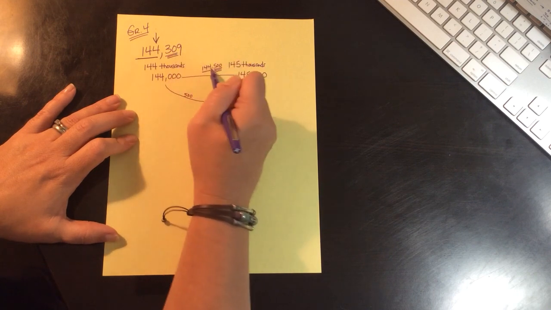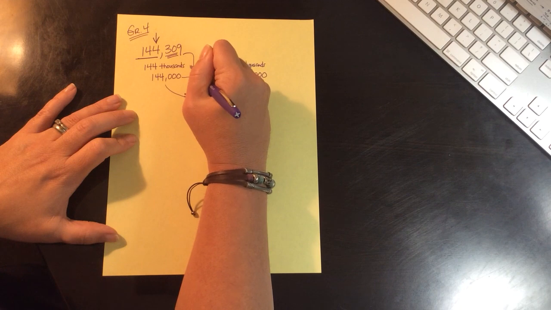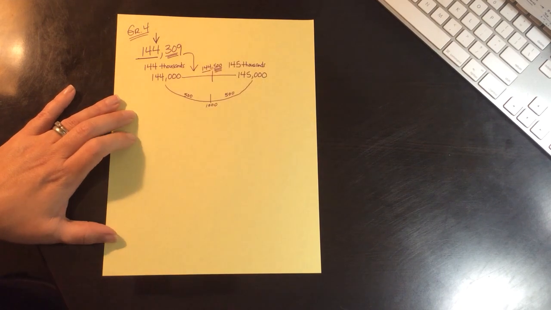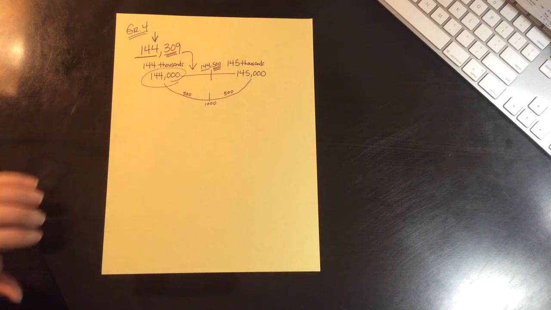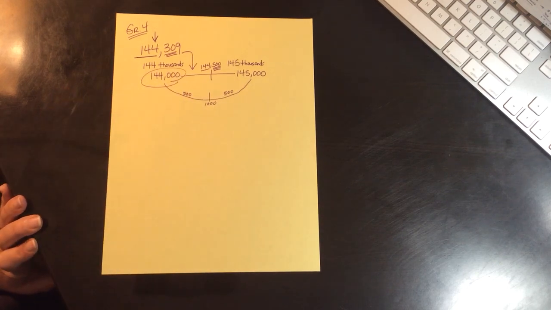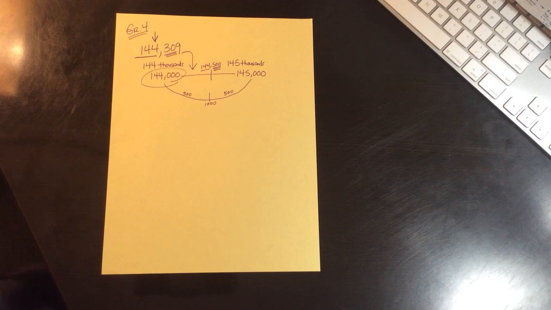I don't have enough ones to get to the midpoint, so my number will fall on this side of the midpoint, meaning that I round to the lesser value. Nothing changed. It's exactly like the third grade work that we were doing. We're just using larger numbers now.